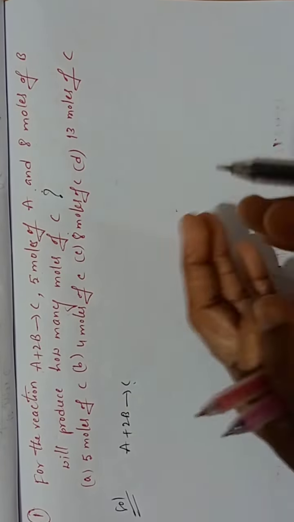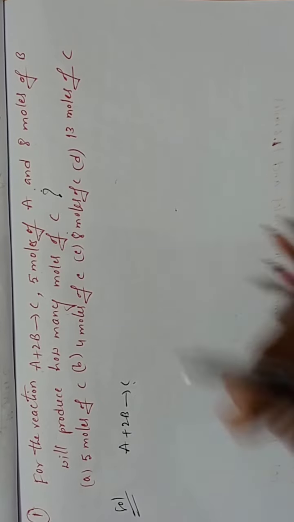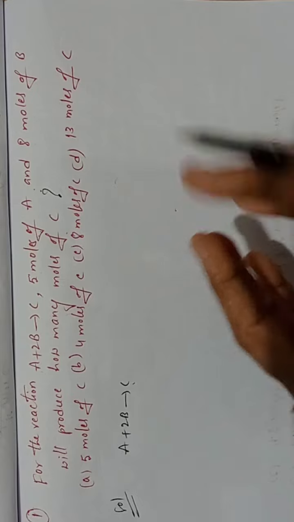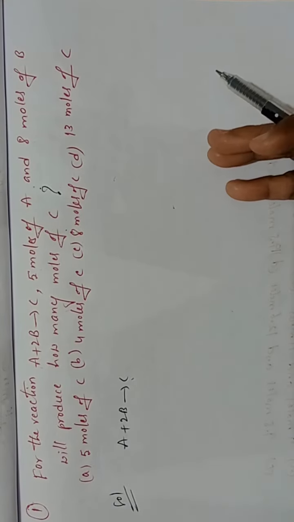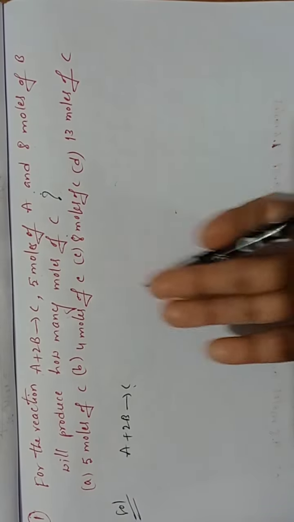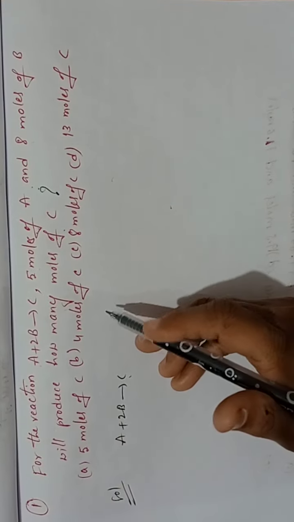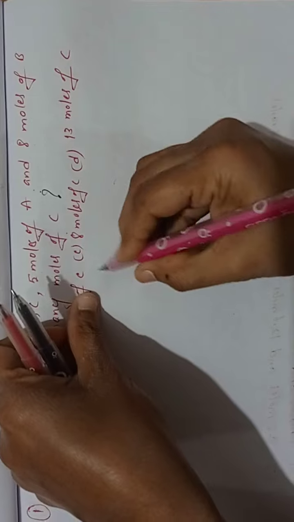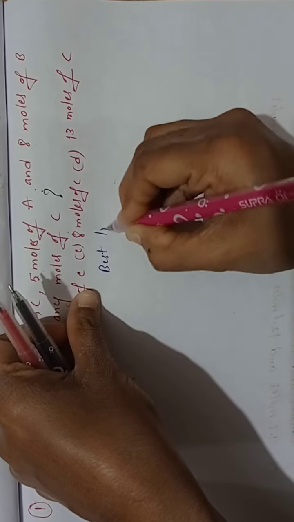So that means it is a mole to mole calculation, students. Before doing this problem, I will give the best trick to remember, to calculate this type of problem easily. Now see students, what is the best trick?